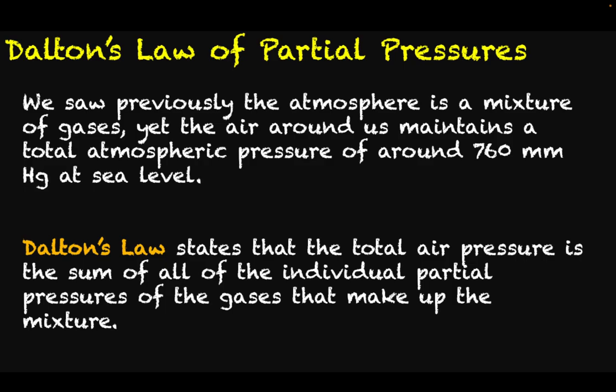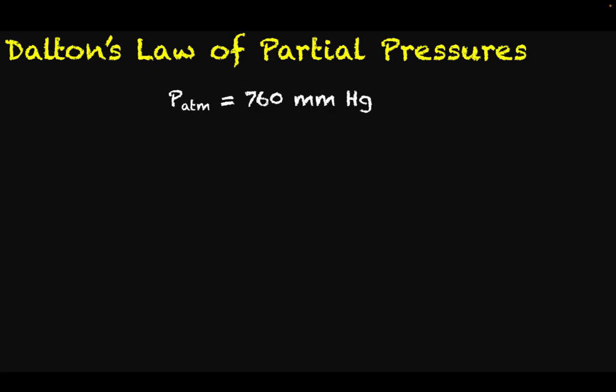So we want to look at Dalton's law, which states that the total air pressure is just the sum of all the individual air pressures, what we call partial pressures, of the individual gases that make up the mixture. Let's say that your total atmospheric pressure, or PATM, is 760 millimeters of mercury at sea level, which we know it is.